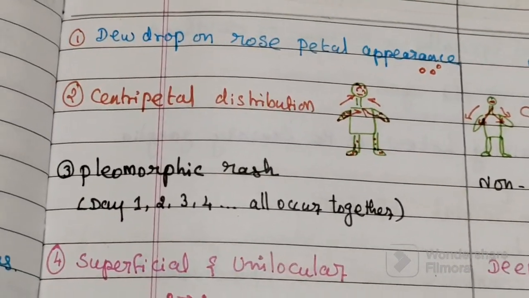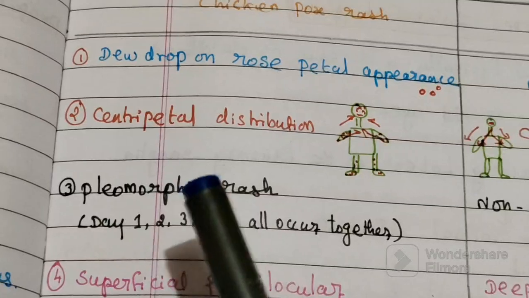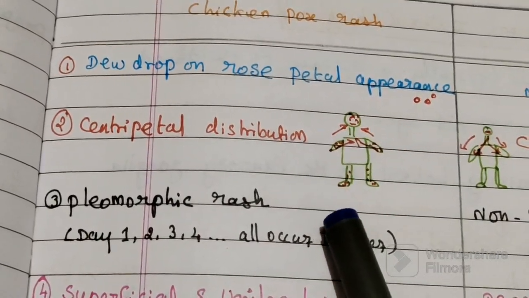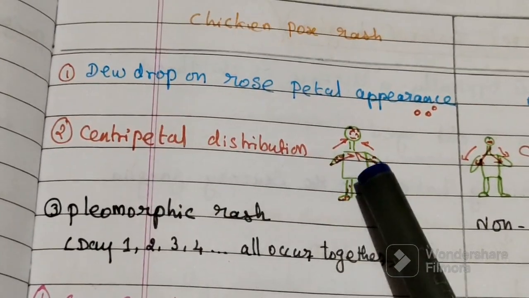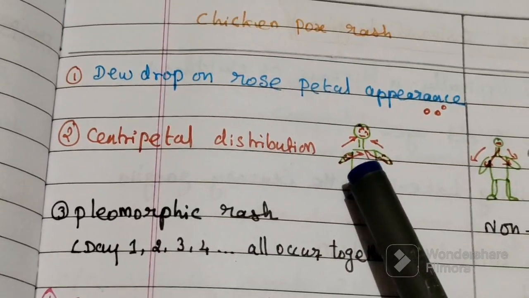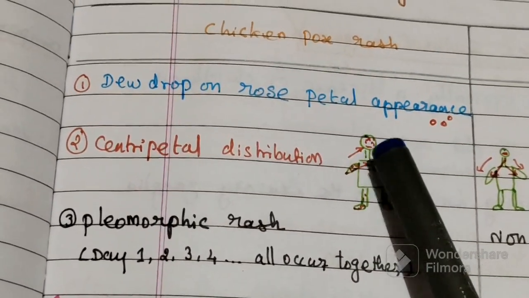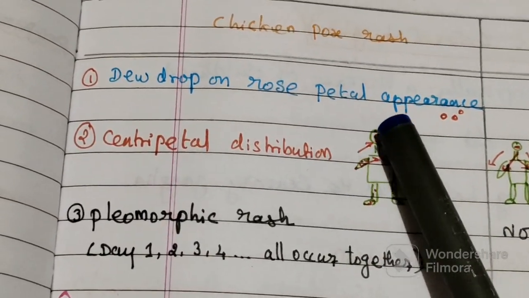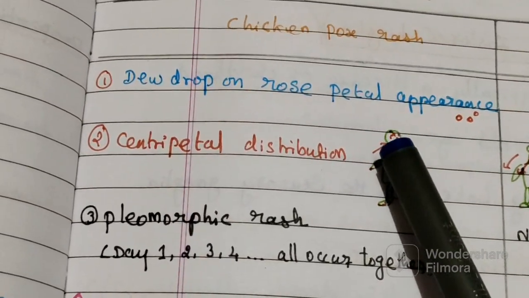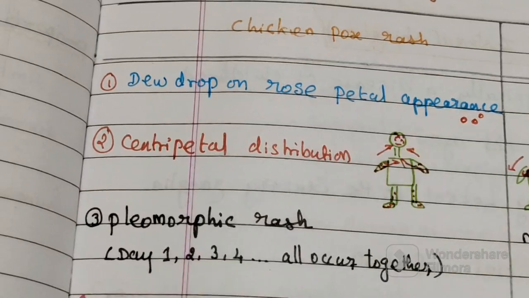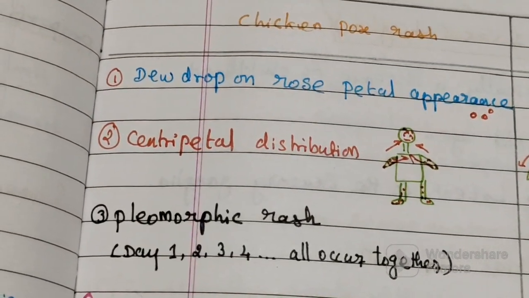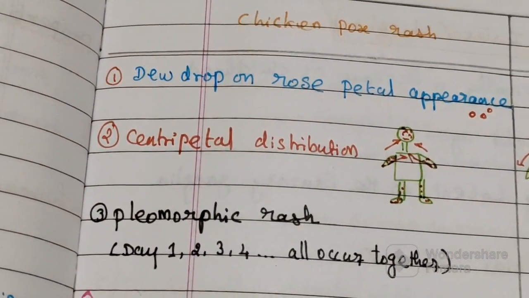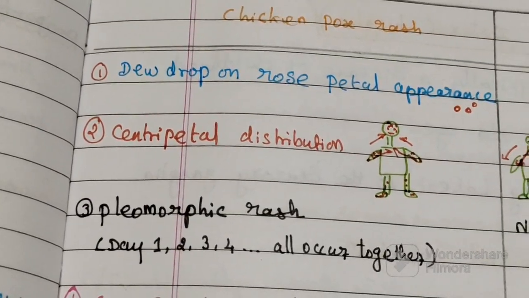Second is centripetal distribution. This one starts at the periphery, then reaches towards the face. See that arrow, it started at the periphery and reached towards the center, that is centripetal.